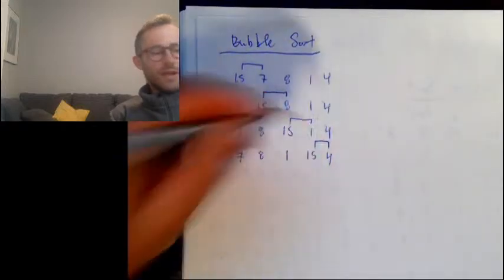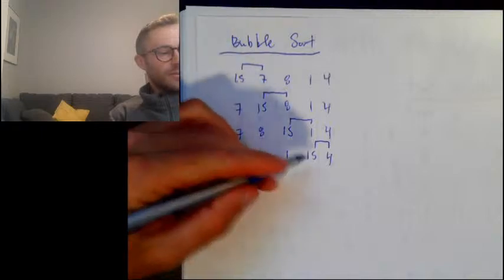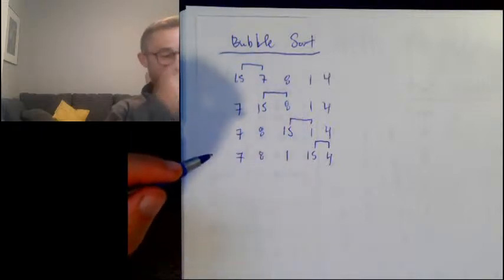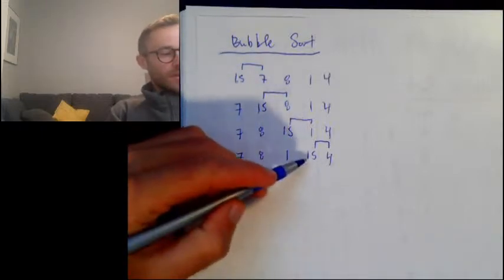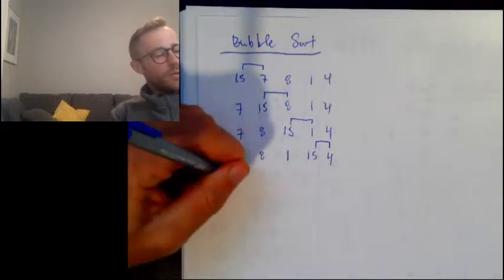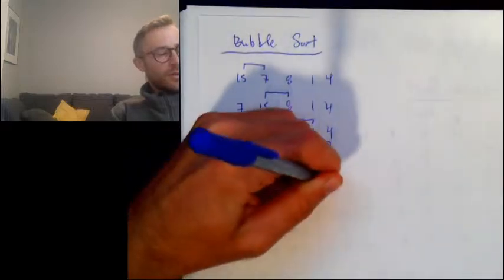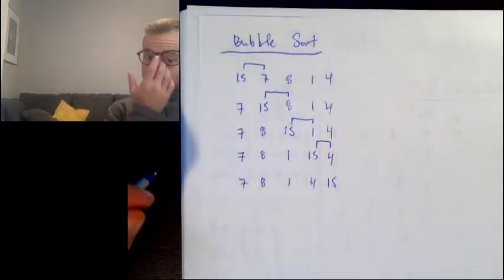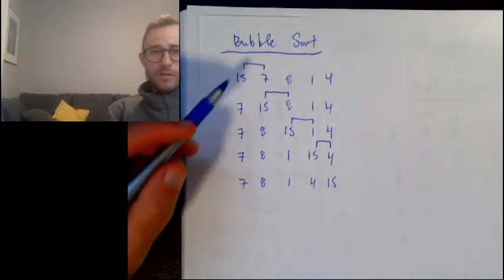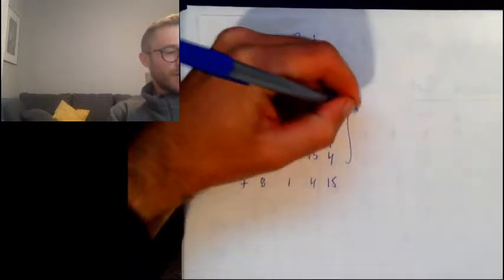And then I compare the last two. 15 is greater than 4, so I swap them. Okay, so this was kind of like pass 1 through the array.